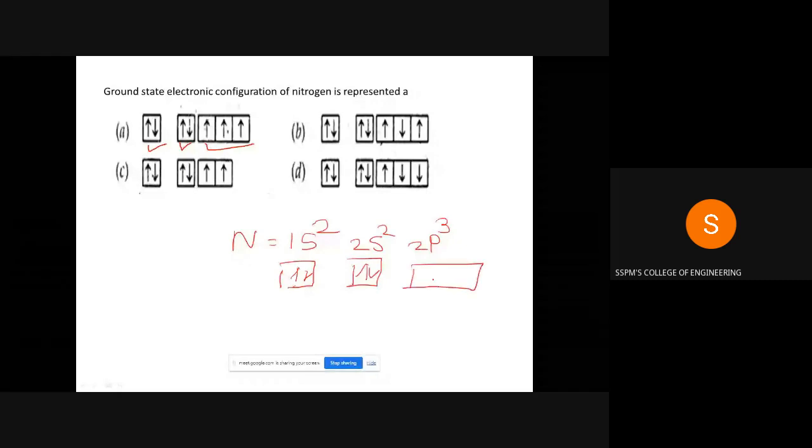So 3 electrons are there, one electron in each orbital. So 2, 2 and 3. This is the correct configuration of nitrogen, 1s2, 2s2, 2p3. Nitrogen has atomic number 7.